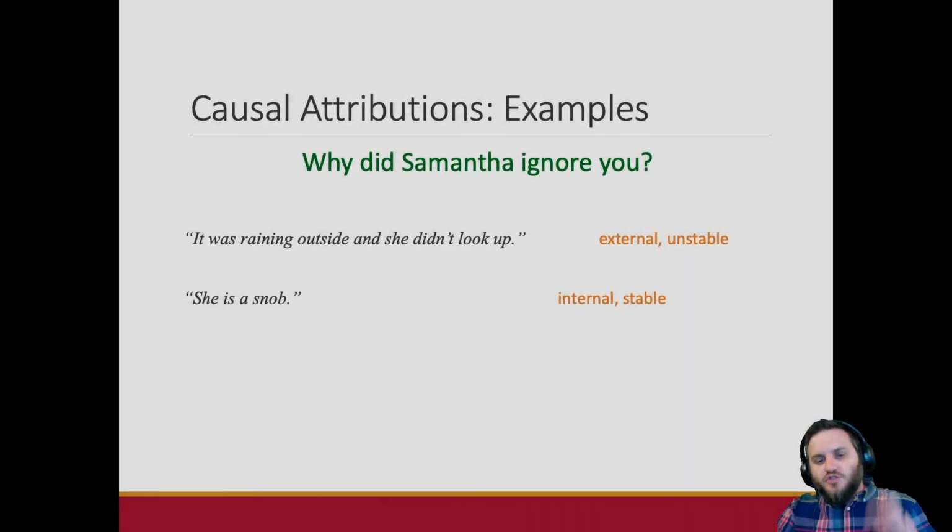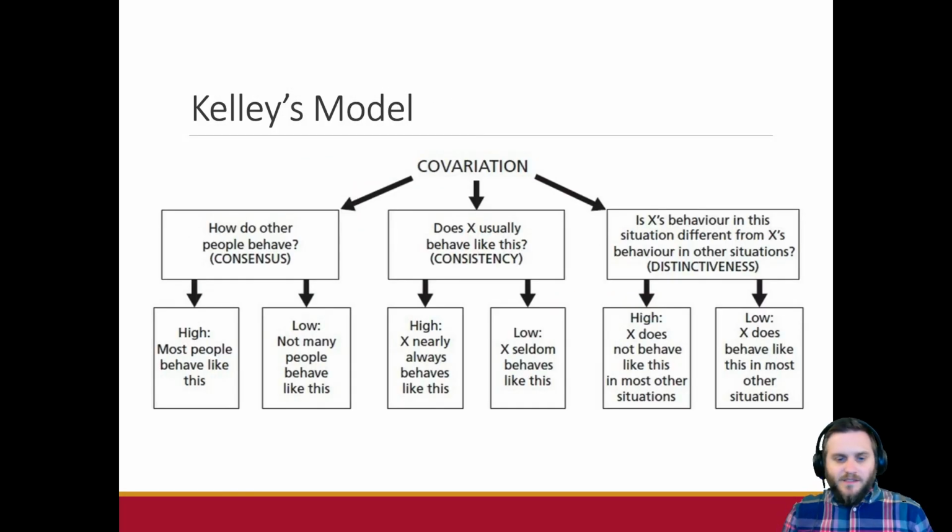Let's talk about Kelley's model. This is a diagram of Kelley's model, nice flow chart. So it's Kelley's model of covariation. Covariation here is just his fancy word for explaining how different attributions take shape. And here we have 6 different kinds of attributions along 3 dimensions.